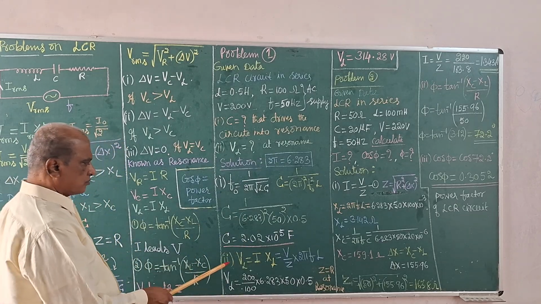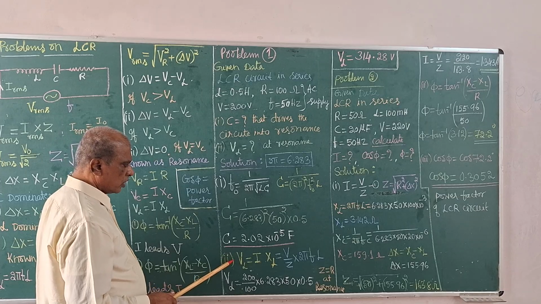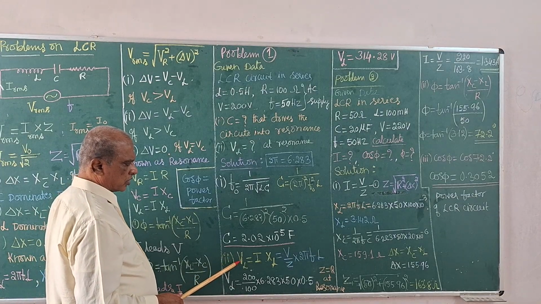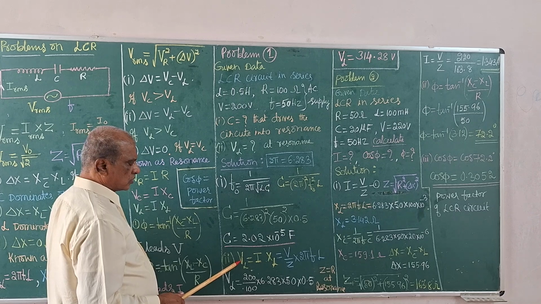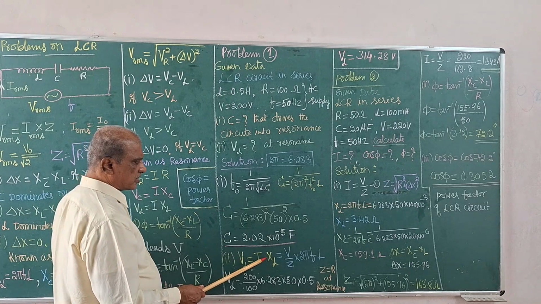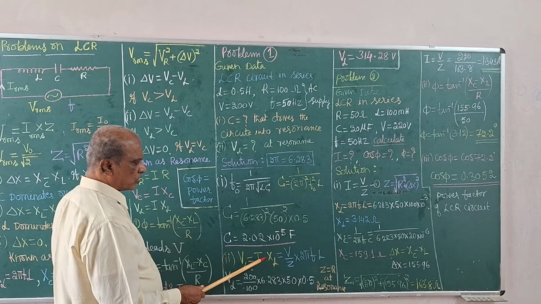Second one, calculation of the voltage drop at the inductance. The voltage drop is equal to current into resistance, here the resistance of the inductor is XL.